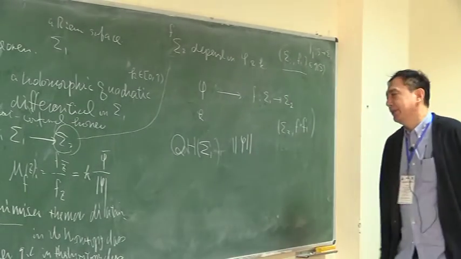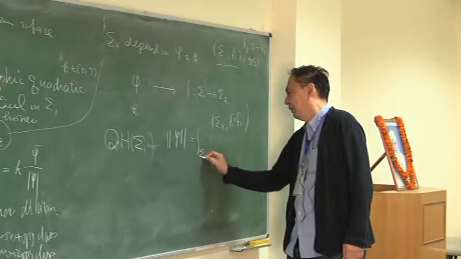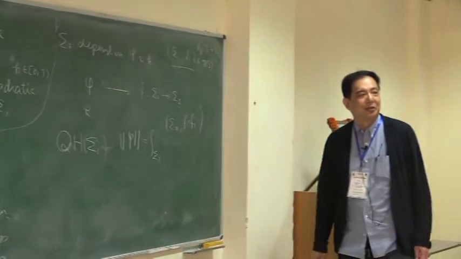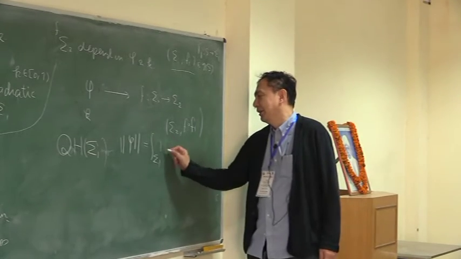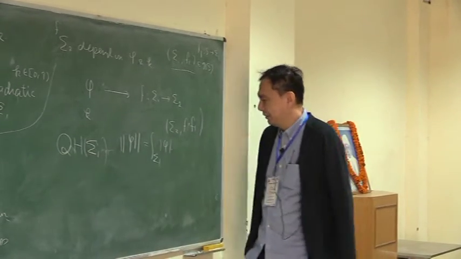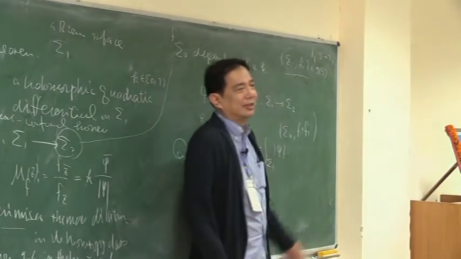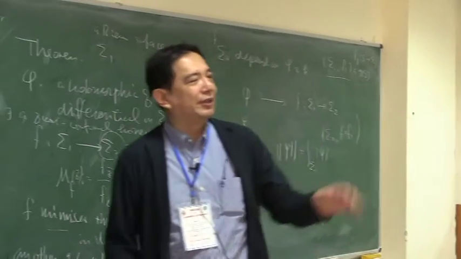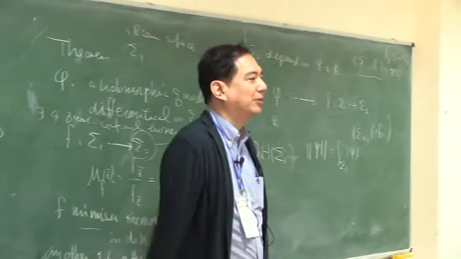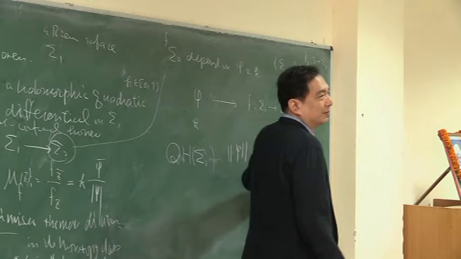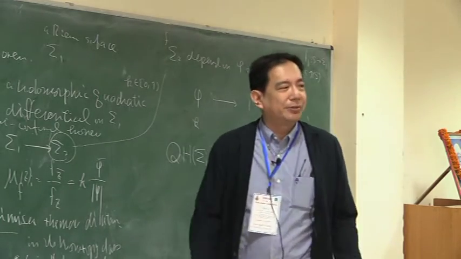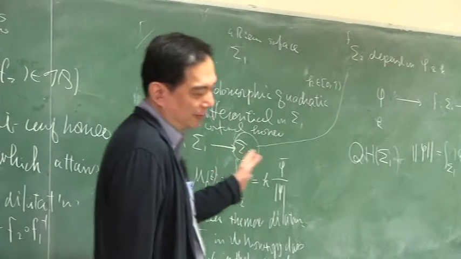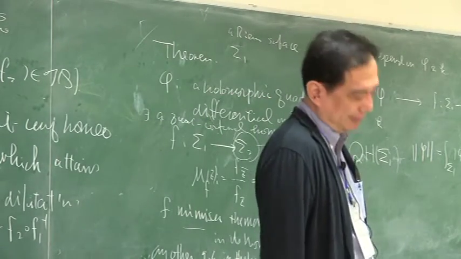The norm of this one is nothing but the total integration of this. If you regard it as a differential form and take the absolute value, it's just some function times the volume form or area form, so you can integrate it. That gives a norm. So it's a normed complex linear space.